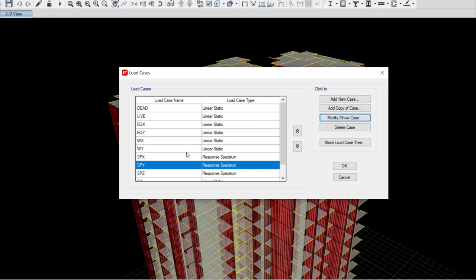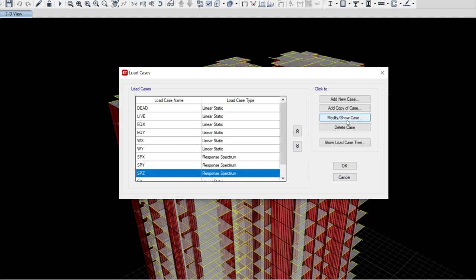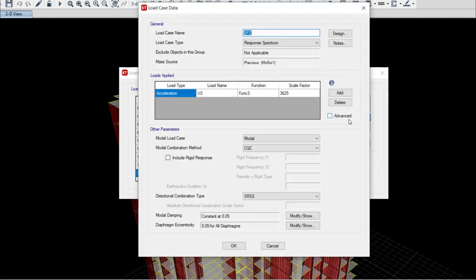Now we look at spectral case Z. Here the provision we are discussing comes into the picture. First, for all buildings where we take vertical acceleration, this needs to be the maximum of the scaling factor, and for cantilevers this needs to be 5 times that.